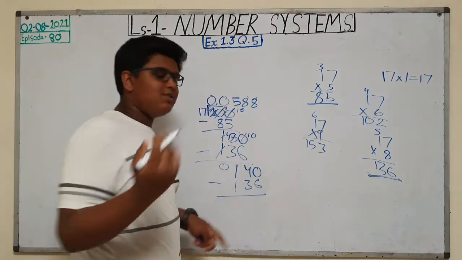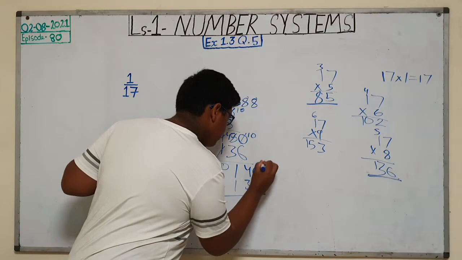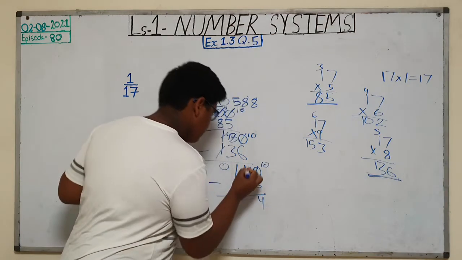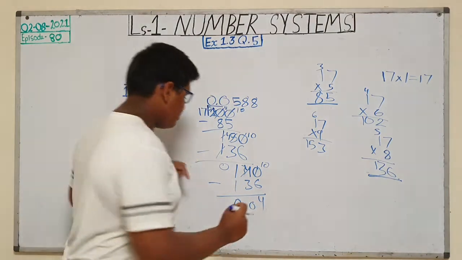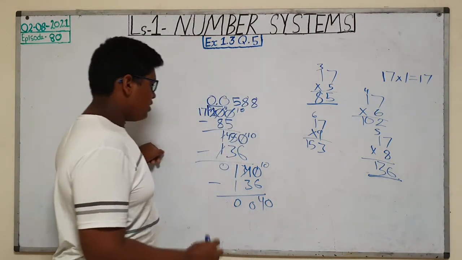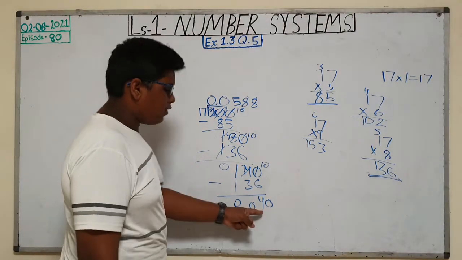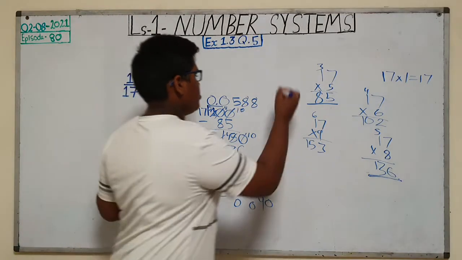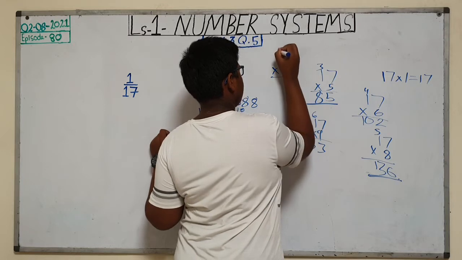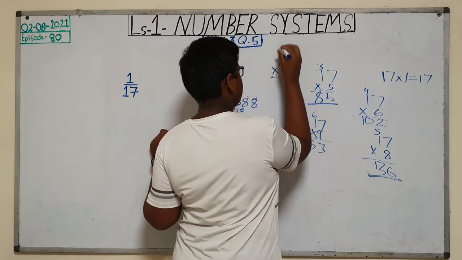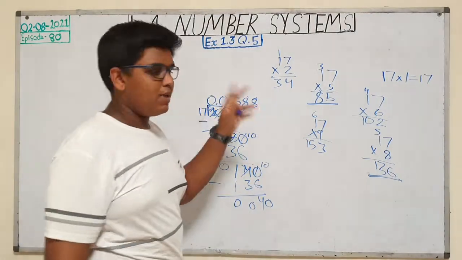Let's do the simple subtraction. 10 minus 6 is 4. This will be 3, then 0, 0. So we have 4. Then let's add one more 0 because 4 is smaller than 17. Now let's search for 40 in the table of 17. What is 17 into 2? 7 twos are 14 and 2 ones are 2, plus 1, 34. So we get 34 when multiplying by 2.